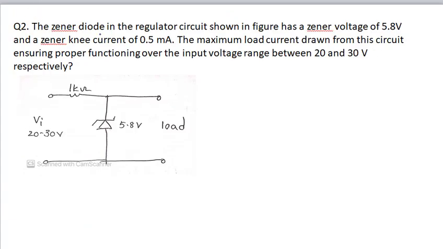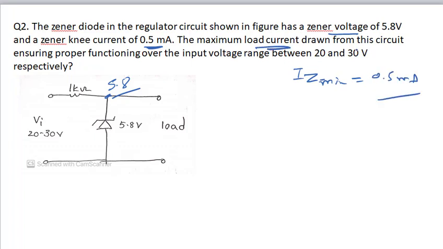The question is saying the Zener diode in the regulator circuit shown in figure has a Zener voltage of 5.8 volt. The Zener voltage is given as 5.8 volt, that is given here. And Zener knee current is 0.5 milliampere. They have given the knee current, that is IZ minimum, as 0.5 milliampere.